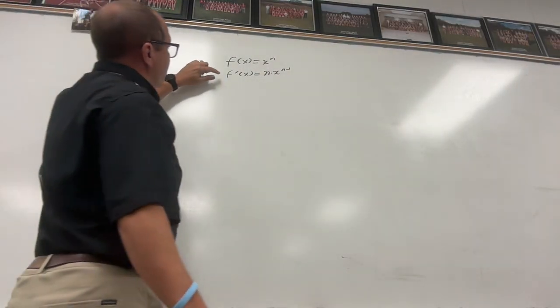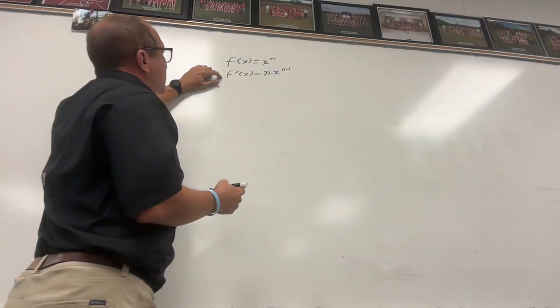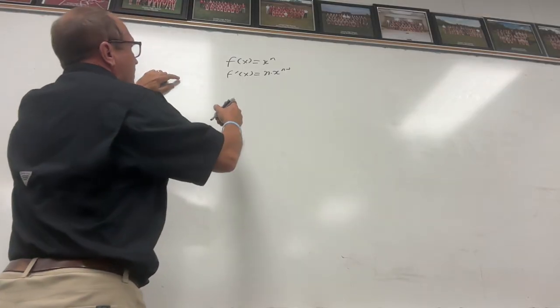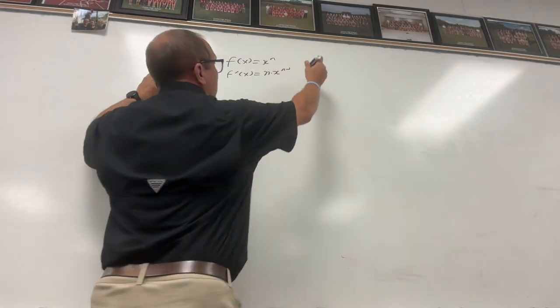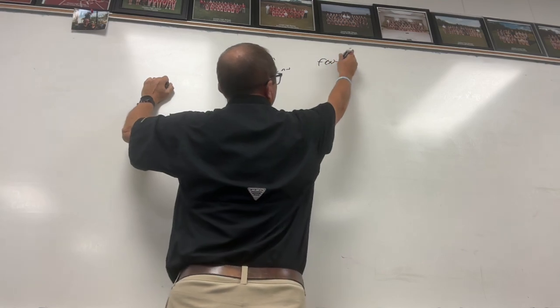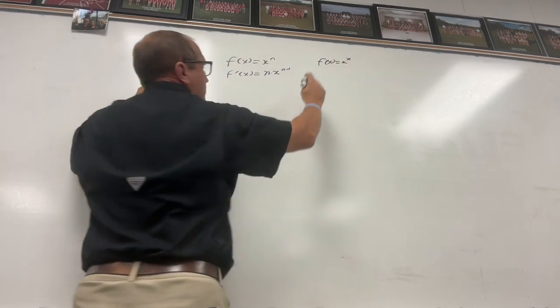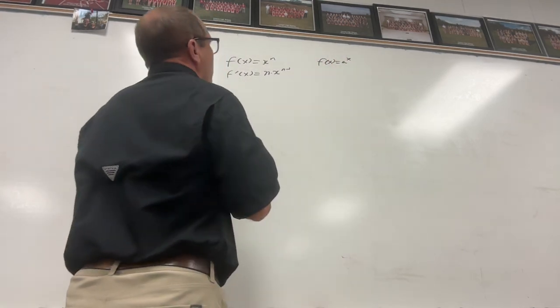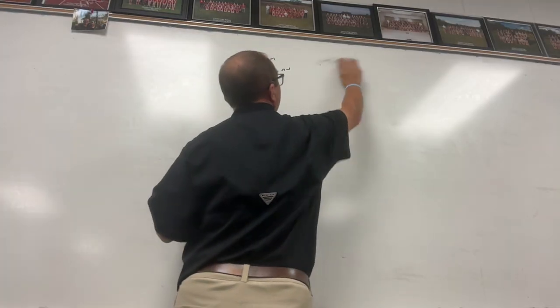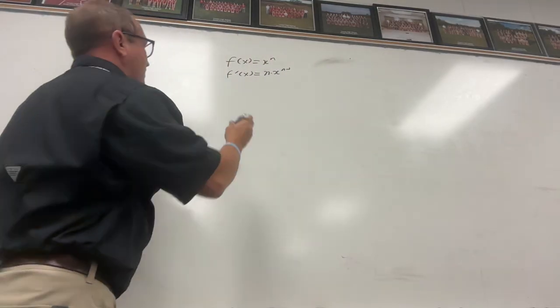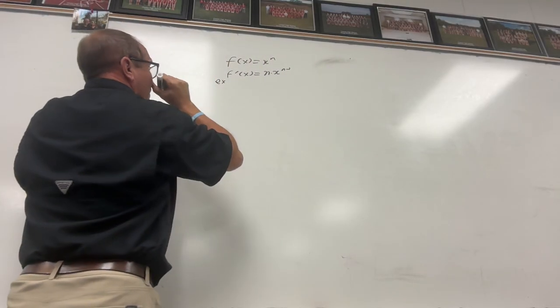So based on that information, it's different when we get to f of x equals a to the x power. You're going to use a different shortcut for that. Now, example of the first shortcut, again, this is the power rule.